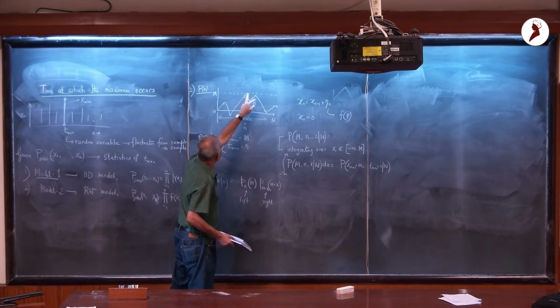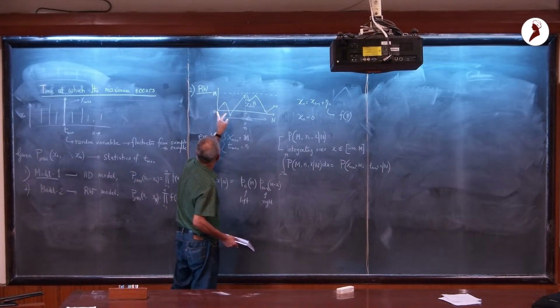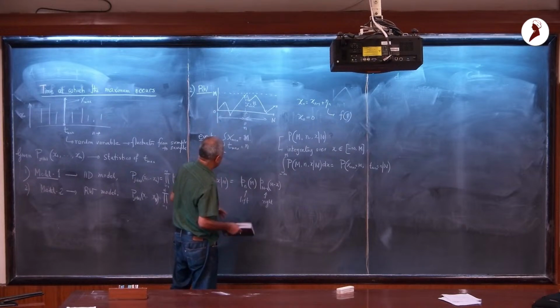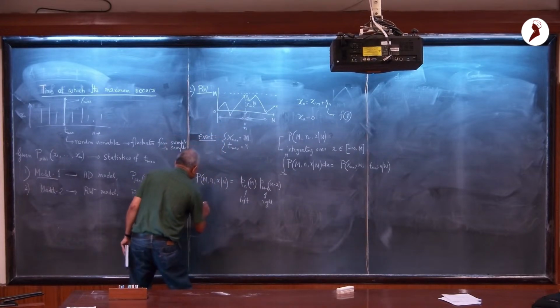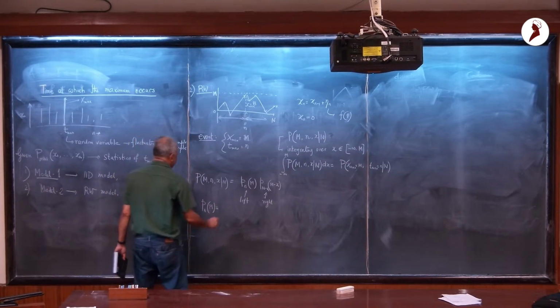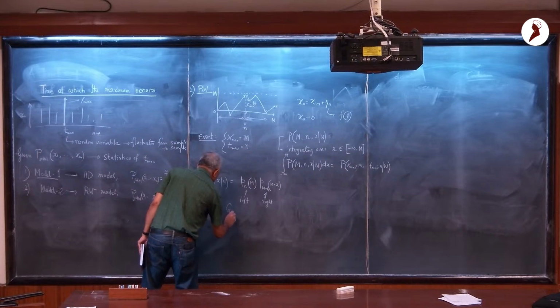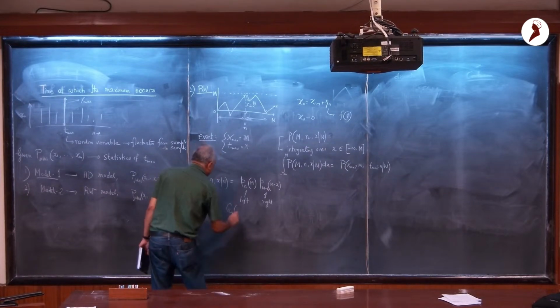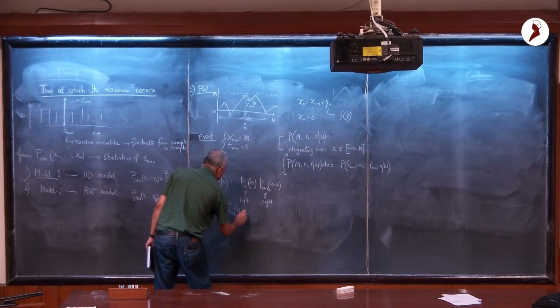A walker starting at the origin and staying positive, and arriving at m at step n. So P_n(m), I'll first write it down and you have to convince yourself that this is true. P_n(m) is just whatever we had calculated, G plus of m, starting at the initial position 0, step n.